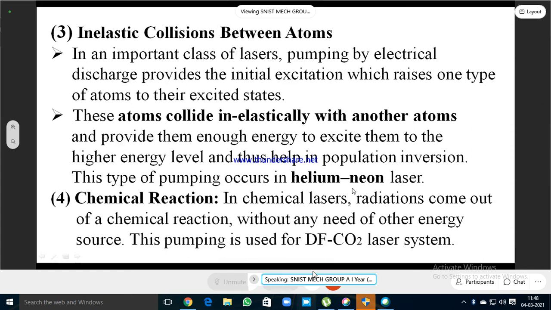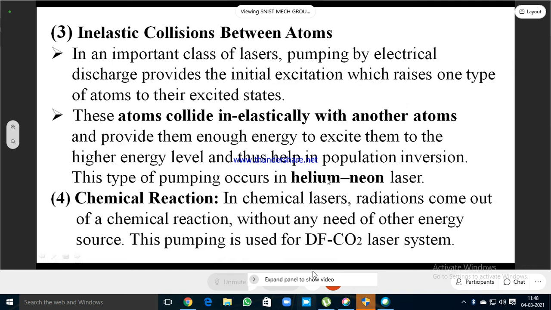The neon atoms receive the energy from the helium atoms, and the neon atoms jump from the ground state to the excited state. So electrons are transferring energy to the helium atoms. Helium atoms are transferring energy to the neon atoms. It is an inelastic collision between the atoms.